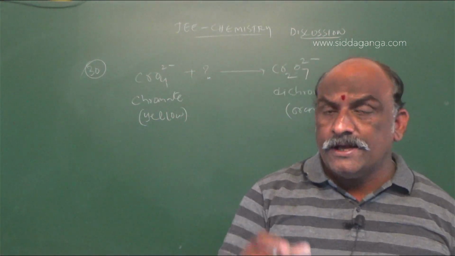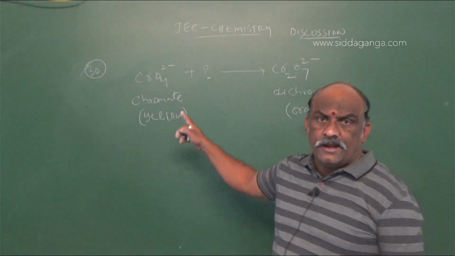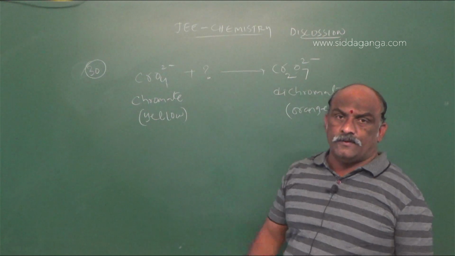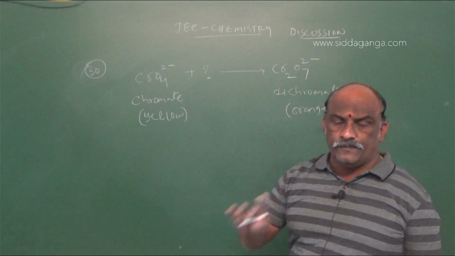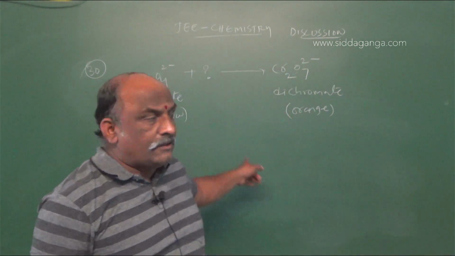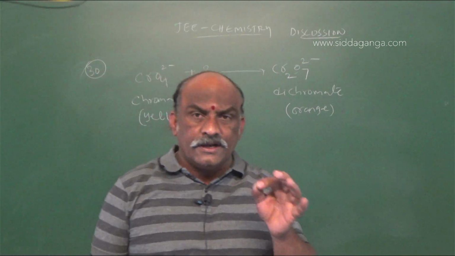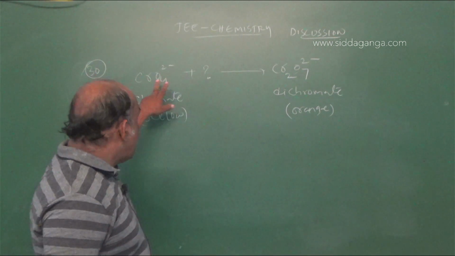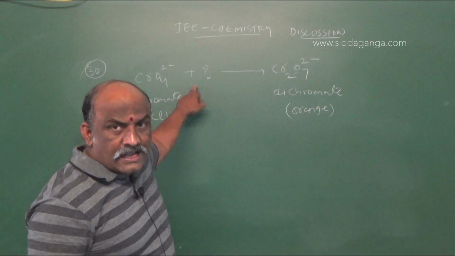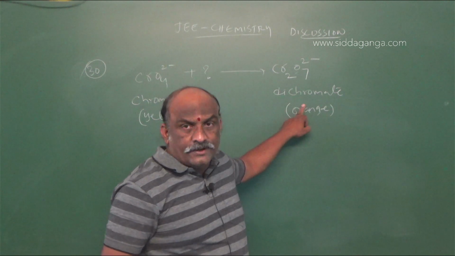I have already told the students many times that chromate and dichromate are interconvertible at pH 4. At pH 4, both ions are interconvertible. Addition of acid to chromate converts it to dichromate.